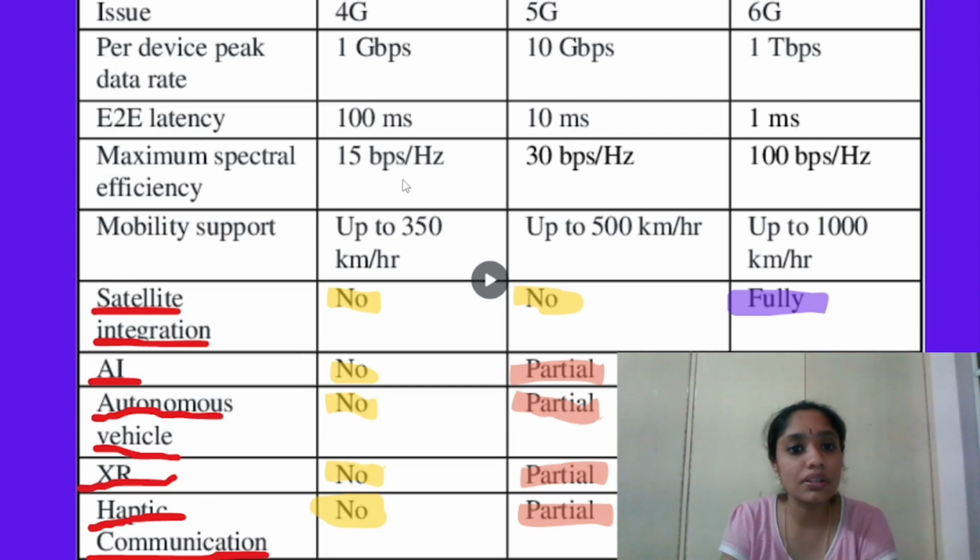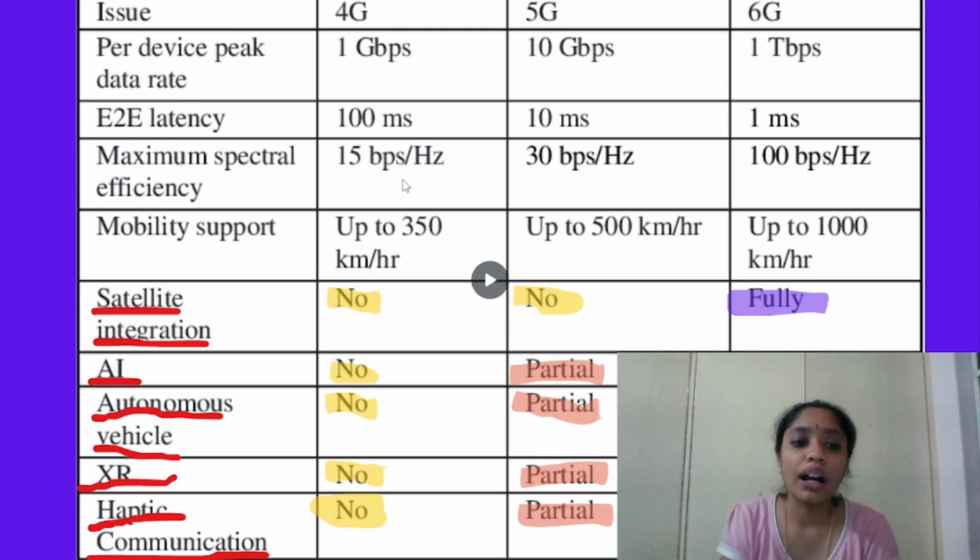Satellite integration was not there in 4G, 5G, but is present in 6G. AI was not introduced while 4G was at its peak. In 5G also they have not completely introduced it. They've partially introduced it. But in 6G they have implemented AI fully.